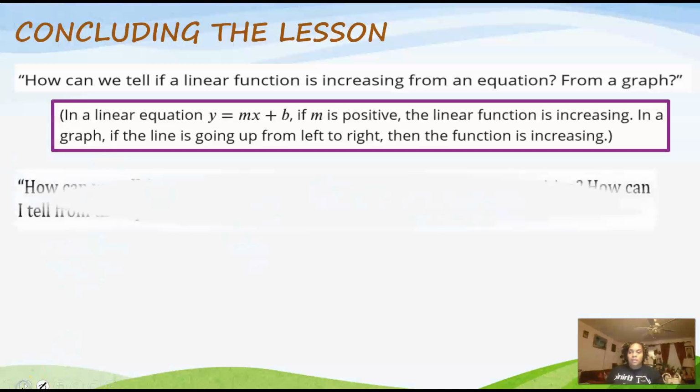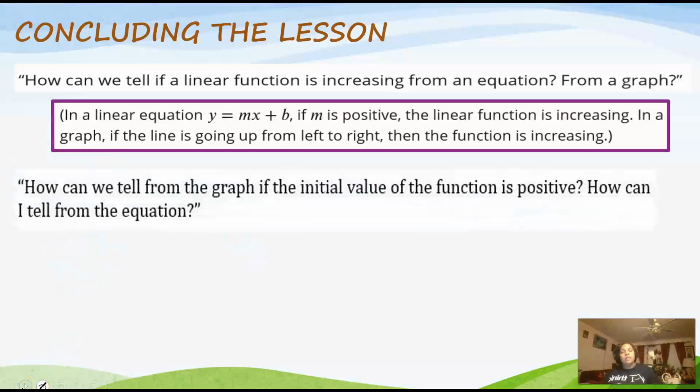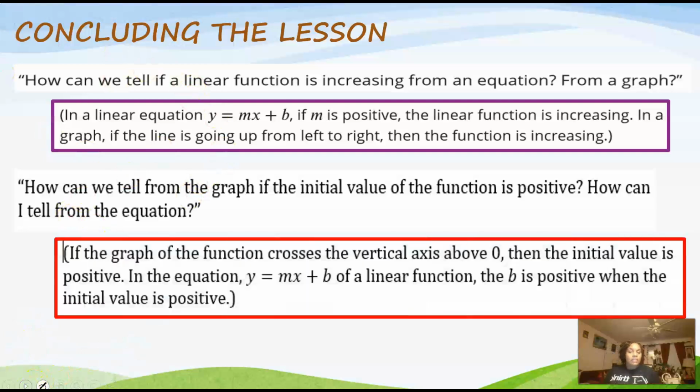And how can you tell from the graph if the initial value of the function is positive? If the graph of the function crosses the vertical axis above 0, then the initial value is positive. If it crosses below 0, the initial value is negative, of course. And in the equation y equals mx plus b, if the b is positive, the initial value is positive.